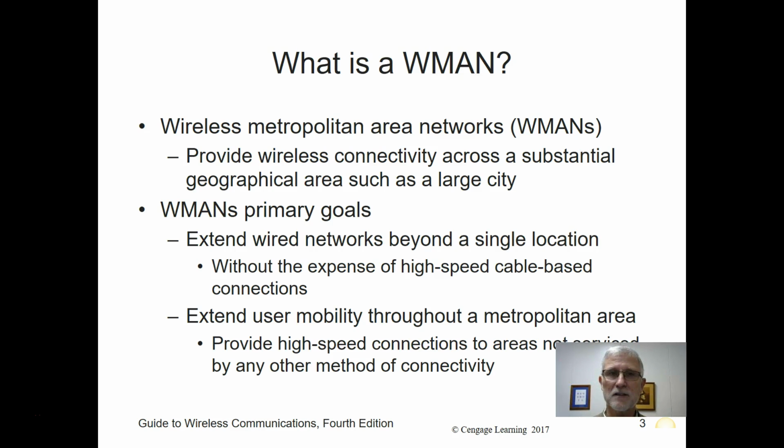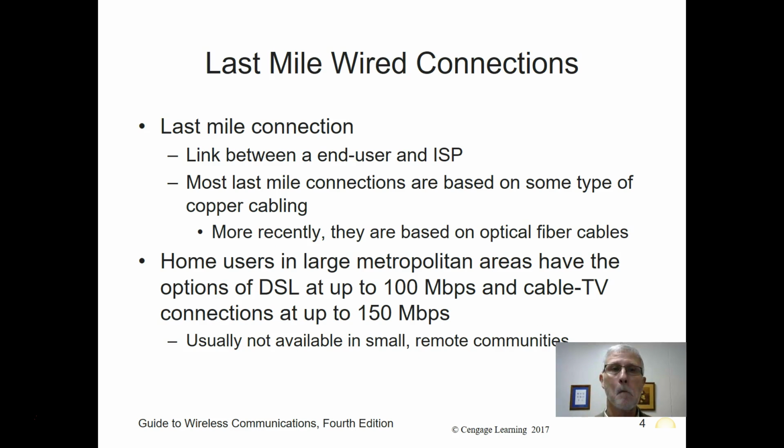It's because they can't afford the physical infrastructure to run cables to everyone's house to give them high-speed internet, but I can provide a high-speed wireless connection. That's one of the major primary goals of a metropolitan area network. So I'm extending mobility throughout a metropolitan area, basically to areas not serviced by any other method of connectivity.